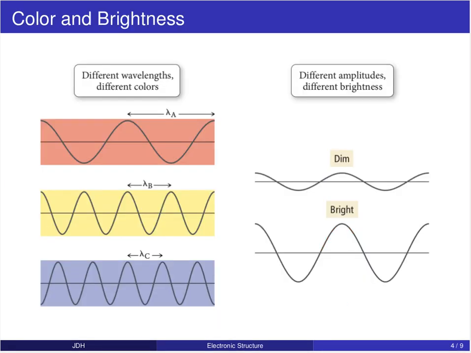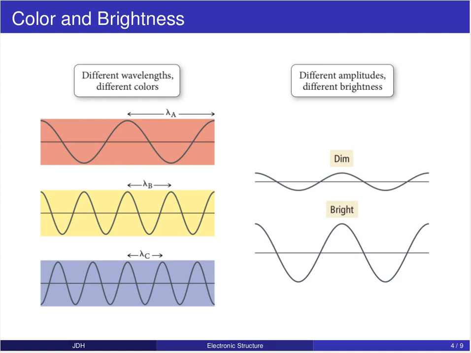Now it turns out that by understanding these two concepts of wavelength and amplitude, we can already start to understand some key properties of light or electromagnetic radiation. Different wavelengths of electromagnetic radiation have different colors.